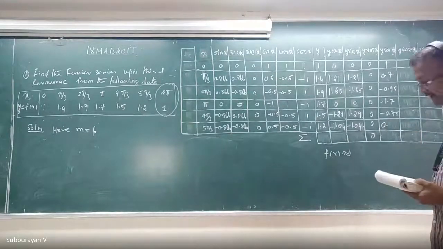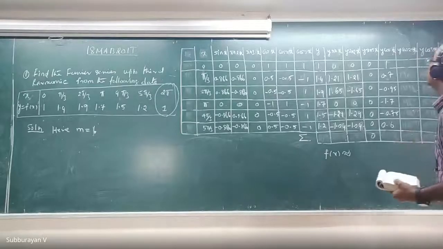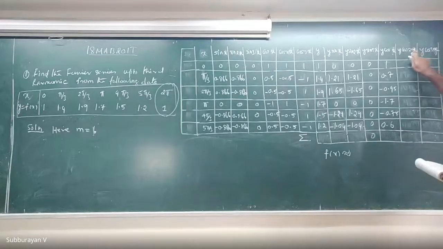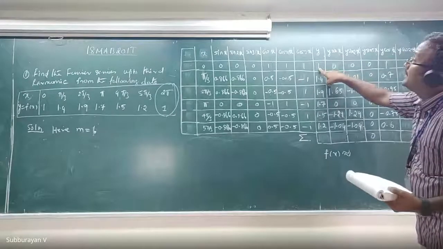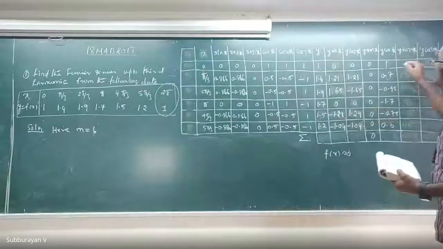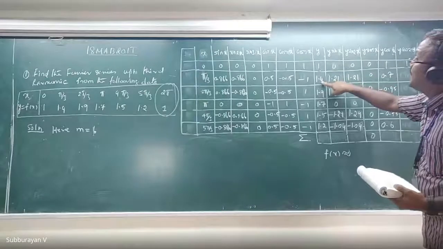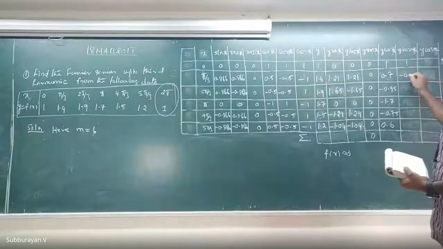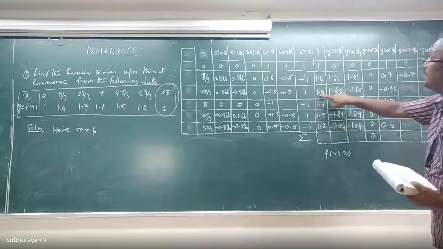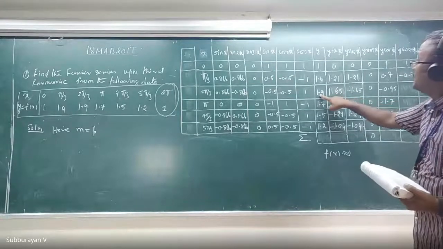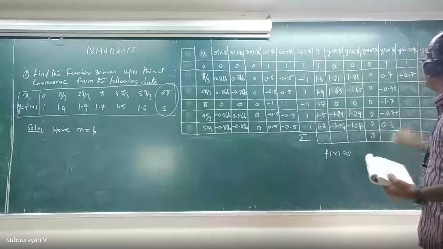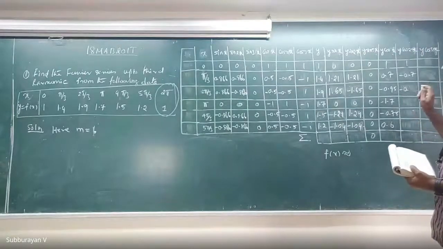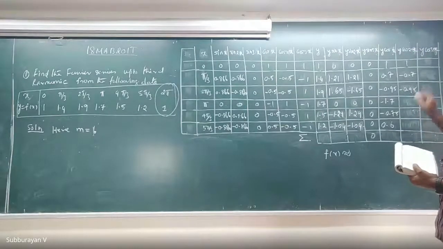1.2 into 0.6, that is 0.6. Okay, fine. Now y cos 2x. y is 1, cos 2x is 1, so therefore this is 1. And y is 1.4, this is minus 0.5, so therefore minus 0.7. Okay, and 1.9 into minus 0.5, so therefore minus 0.95.